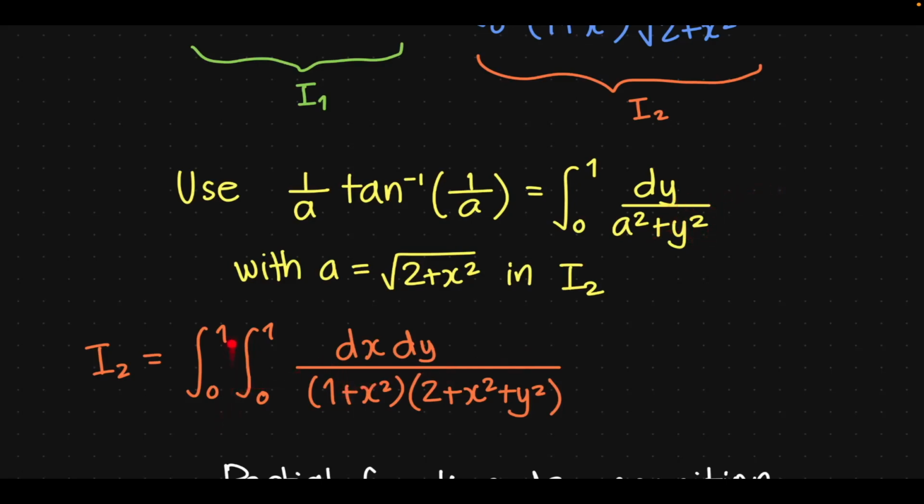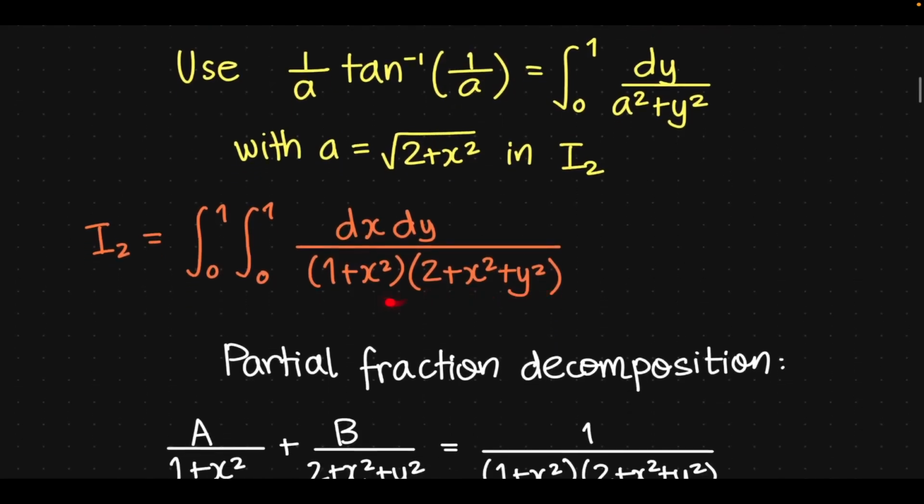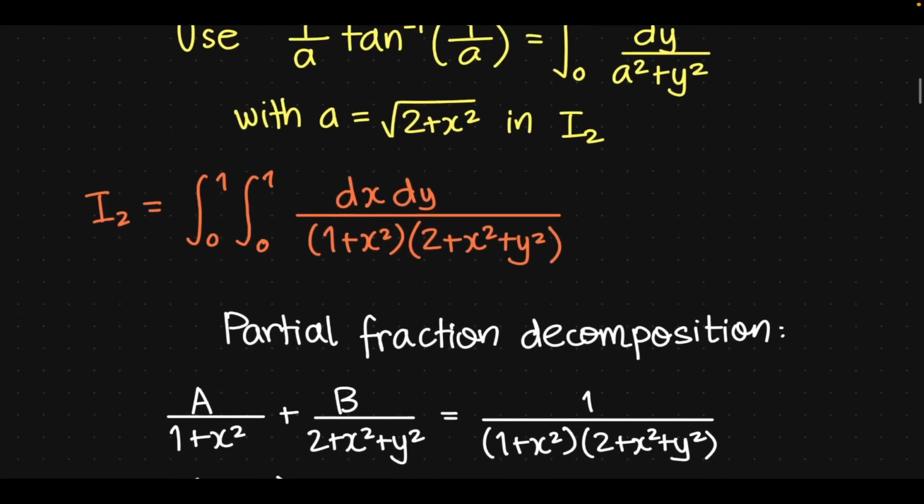So we have the integral from 0 to 1 of dx dy over 1 plus x squared times 2 plus x squared plus y squared, where y is the new variable of integration we introduce. Now, when you have a form like this, you want to break this apart into the first factor, A over 1 plus x squared, plus the second factor, B over 2 plus x squared plus y squared.